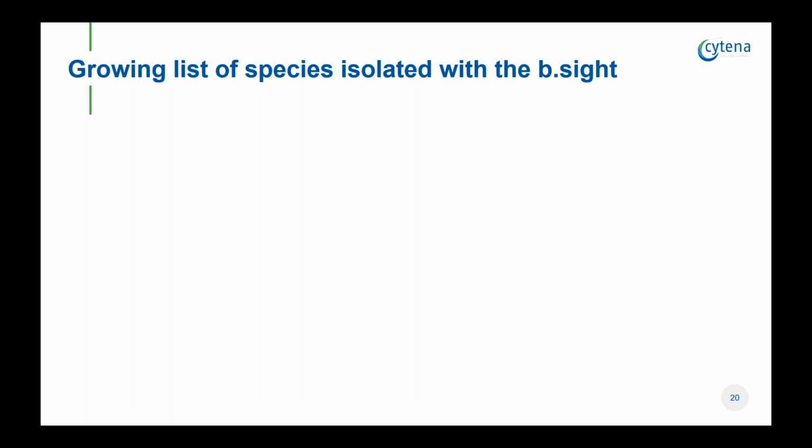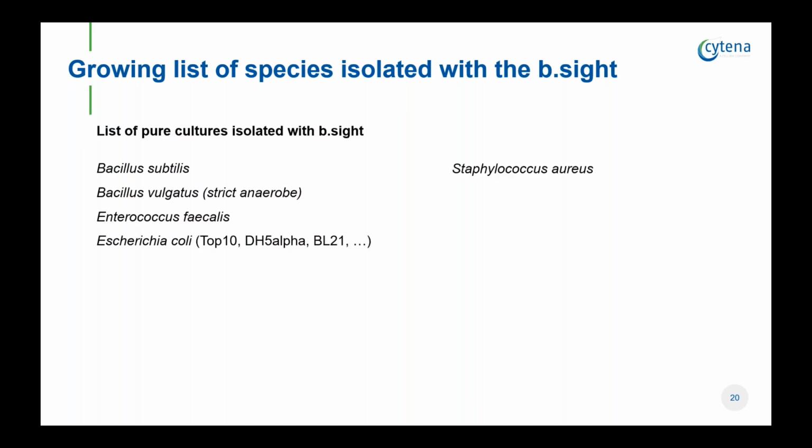There's a growing list of microorganisms that have been processed with the B.SIGHT, which really illustrates that the instrument is compatible with a variety of different species, ranging from Bacillus subtilis, Enterococcus, or E. coli, to anaerobic organisms, but also yeast strains.